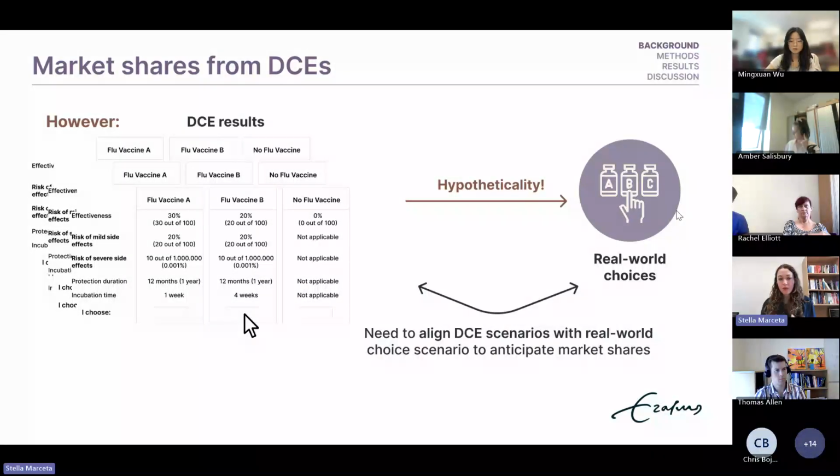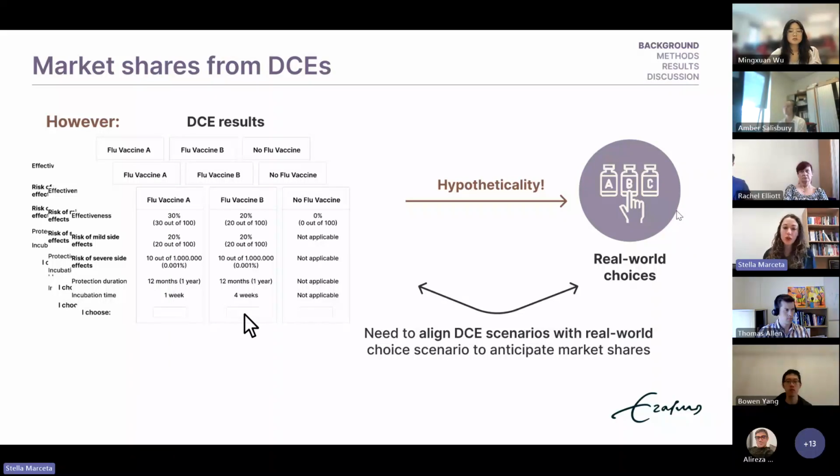By having people repeatedly choose between options, you can also compute market shares. That can be nice to anticipate what would happen if you introduced different options to the market. You basically say, if this and this would be what patients can choose from, this amount of patients would choose this, and this amount would choose no vaccine, for example.